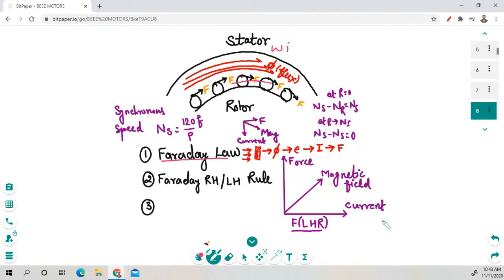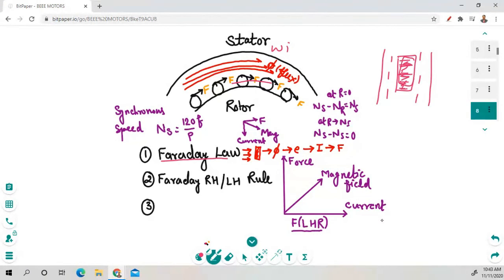So when you give the three phases from this stator part, what happened? What is the working principle for this three-phase induction motor? When you place some current carrying conductor across a magnetic field, it generates force. Here a magnetic field is generated, and this rotor part is a conductor part.